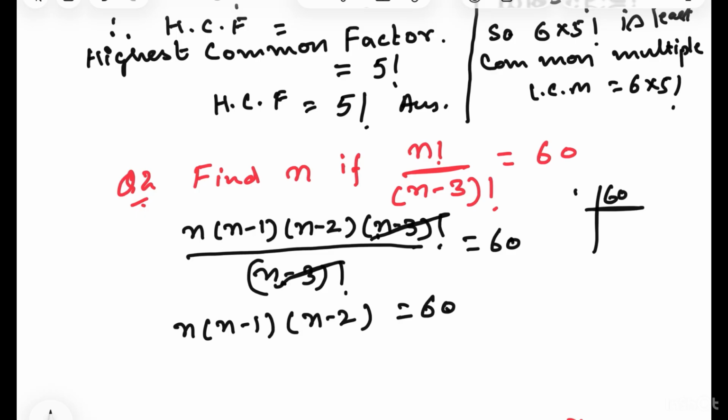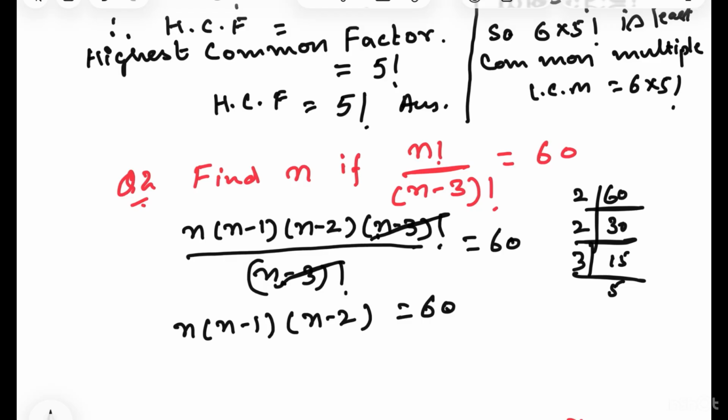60 अगर मैं इसका करूँ तो 2 30 आ जाएगा. 2 15, 3 5. देखिए एक तो 5 फैक्टर हो गया. अब ये मुझे 4 दिख रहा है. 5 into 3 into 4 जो कह लो 5 into 4 into 3. This is the answer. 3 factors are there.